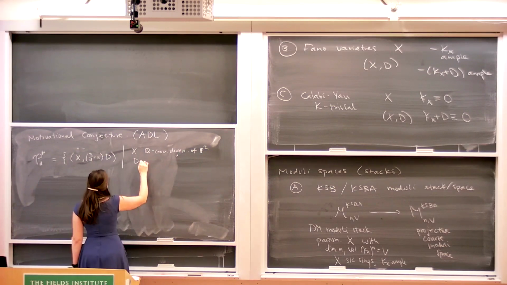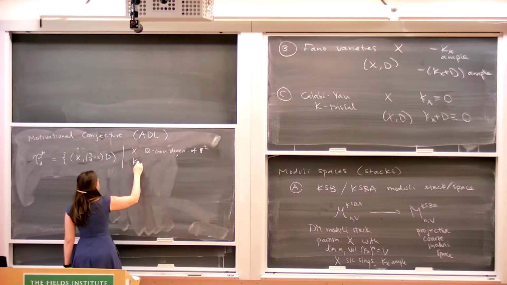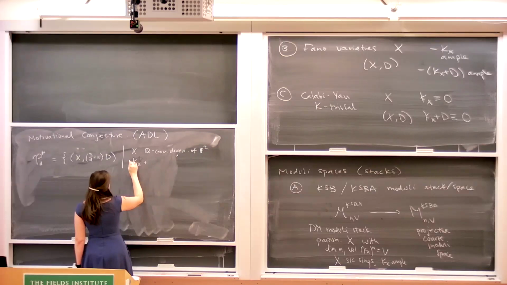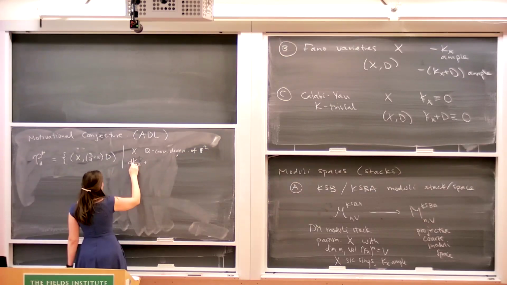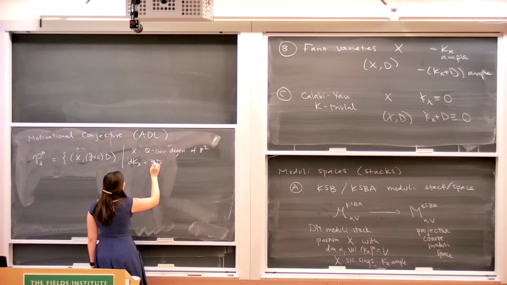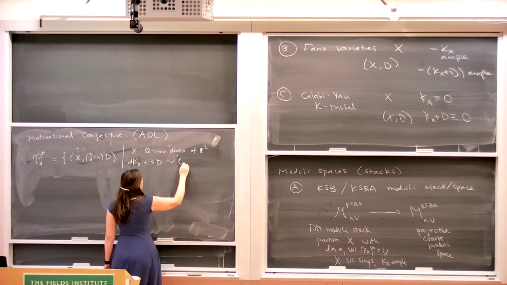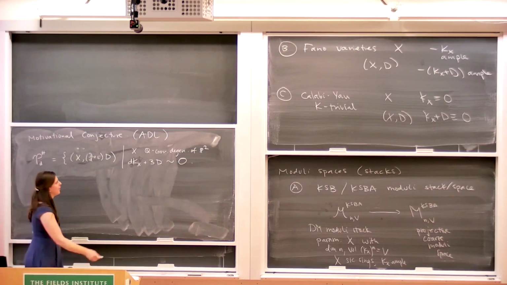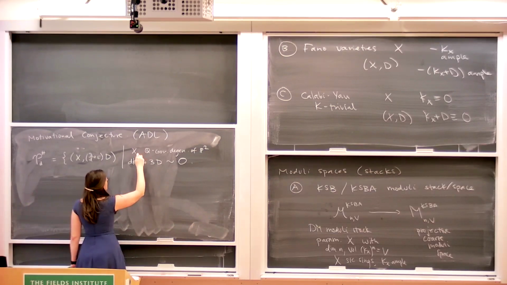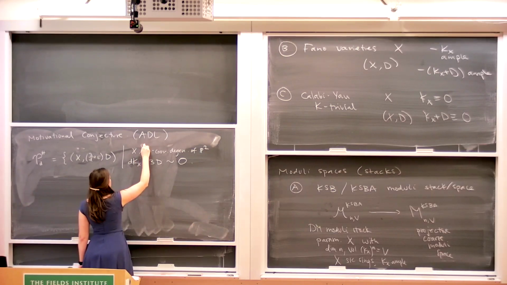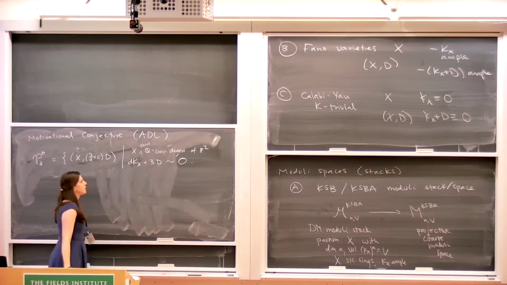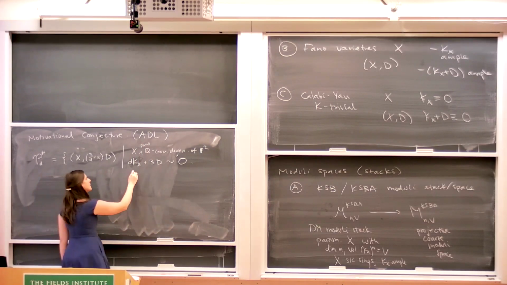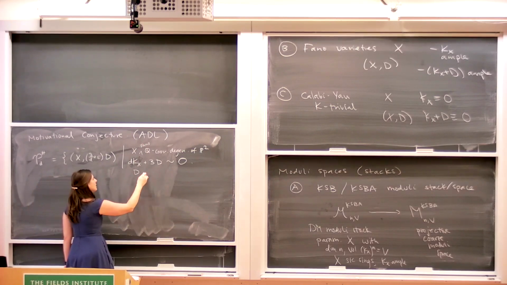D is numerically, well, we'll write it like this: K_X + 3/d D is linearly equivalent to 0. So d is an integer, d will be a degree. And X is a Q-Gorenstein degeneration of P^2, and D satisfies this condition so that D is ample.